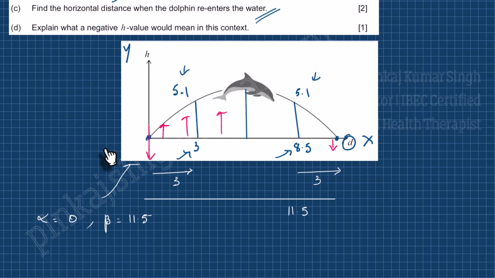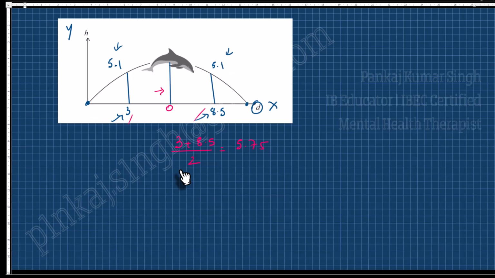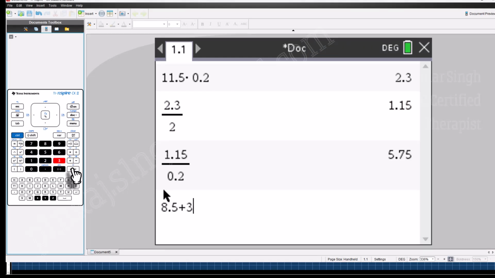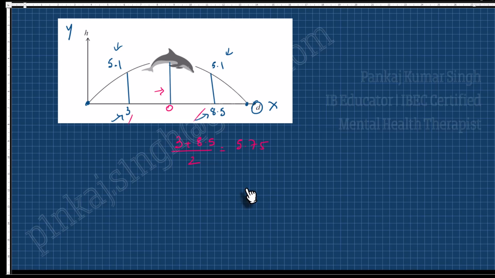So you can solve this question in this way, or, because the parabola is symmetric, the axis of symmetry is going to be the midline between 3 and 8.5. Now, if I have to find the midline between 3 and 8.5, I can simply say 8.5 plus 3 divided by 2. And that's also going to give me 5.75. So that's going to be the axis of symmetry.